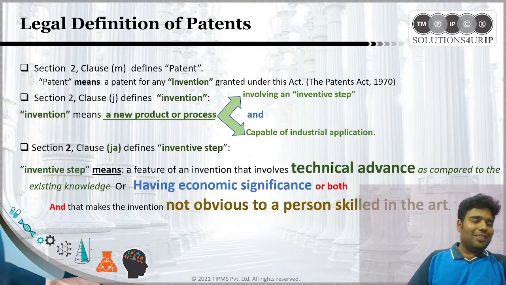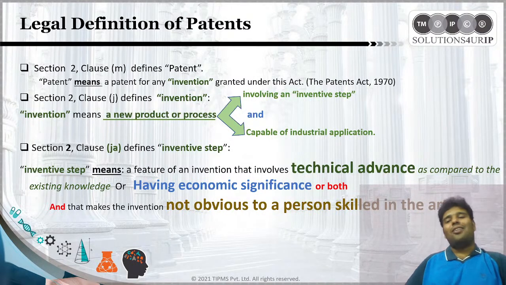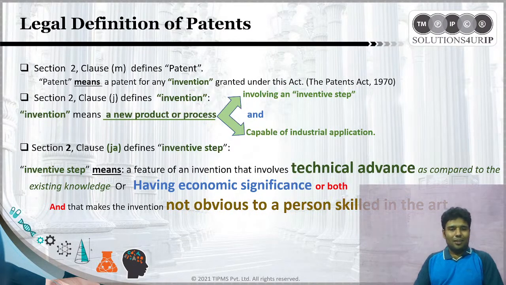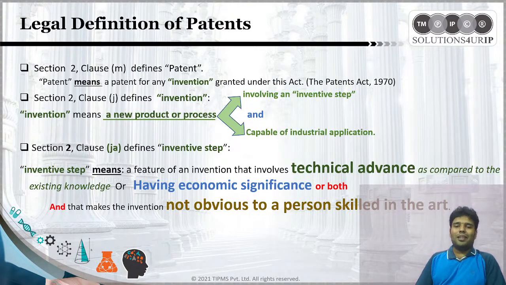Get it as it is. Innovation is completely a wrong term. Innovation does not have an inventive step at all. In the market, in colloquial usage, we use the term innovation, but legally there is no definition of innovation. The way to understand innovation is something new without the inventive step.